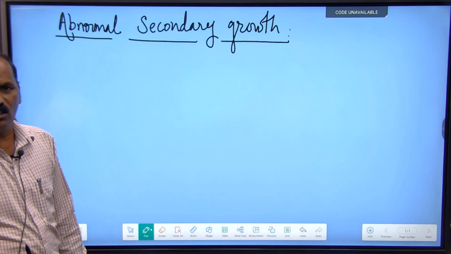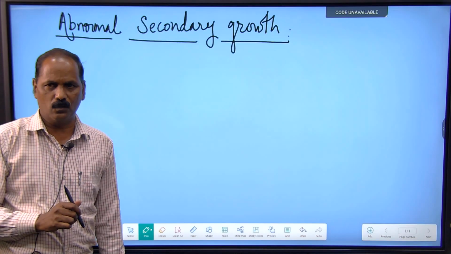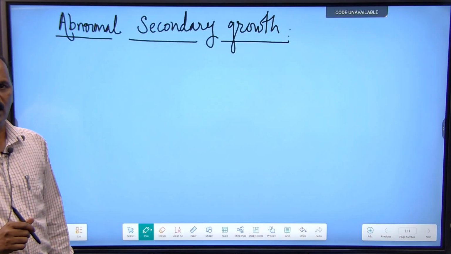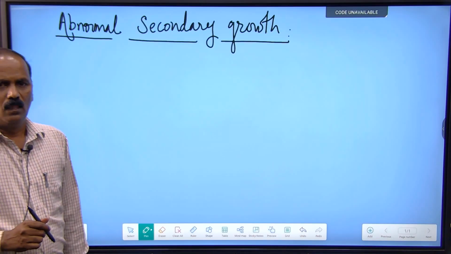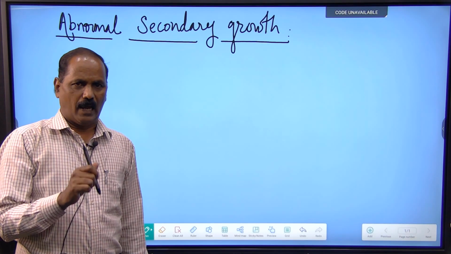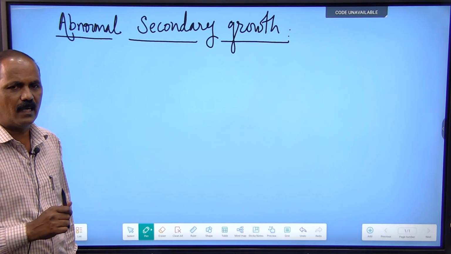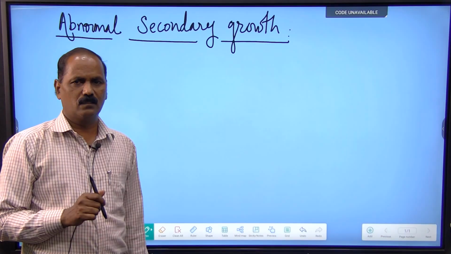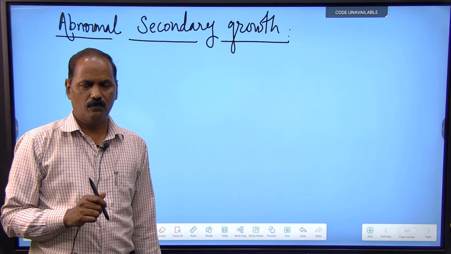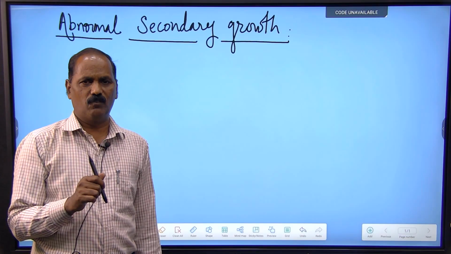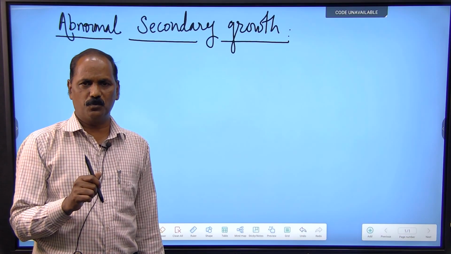If we know the meaning of normal secondary growth, then it becomes easy for us to understand what is abnormal. Now I will tell you about the cambium. The cambium that is in between xylem and phloem is known as vascular cambium, because xylem and phloem together we call vascular tissues.